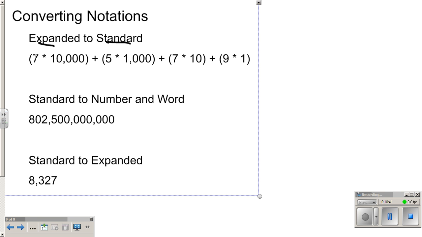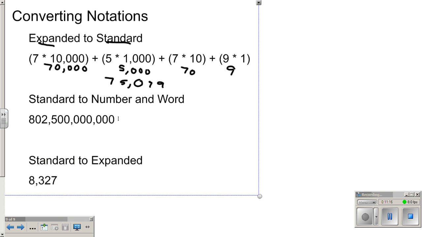So we're going to start with 7 times 10,000, which we know would be 70,000. 5 times 1,000, which would be 5,000. 7 times 10, which would be 70, and 9 times 1. And then you add them up. So we would have 75,079. We'd want to pay special attention that there was nothing times 100 here, so we need the zero placeholder.